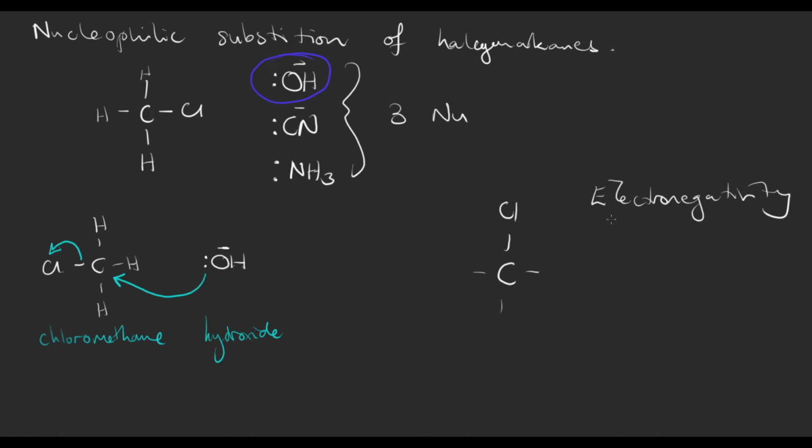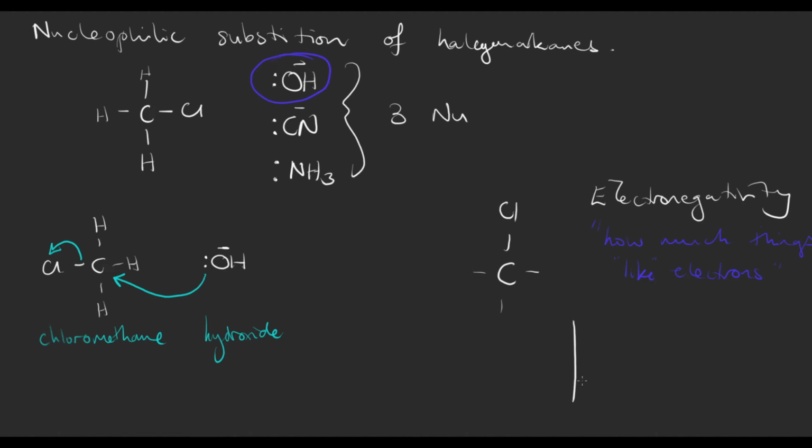And this means how much things like electrons. So if something's very electronegative, that means it really likes its electrons, and if something's not very electronegative, it means it doesn't really care about its electrons, it's happy to let them go.